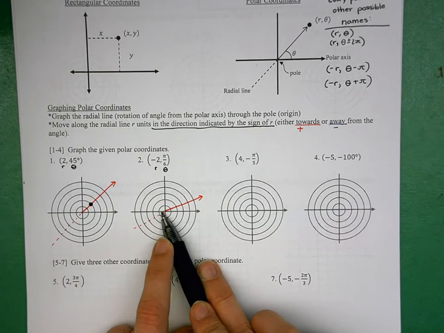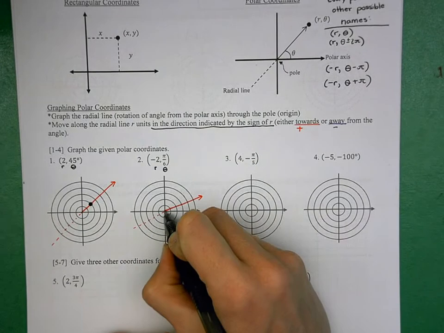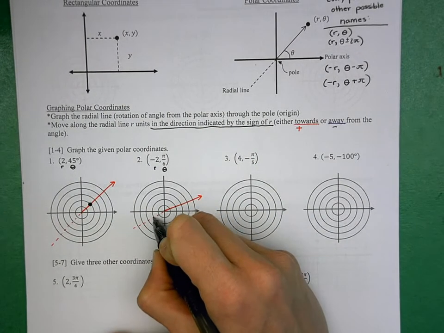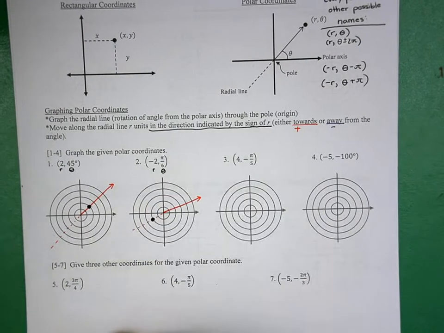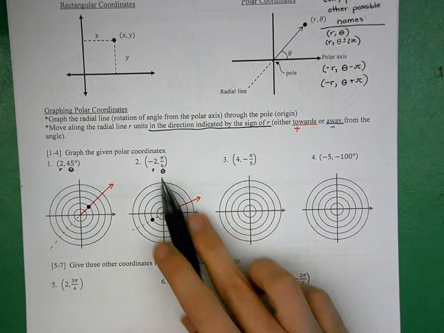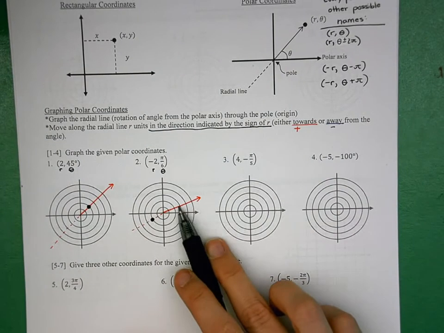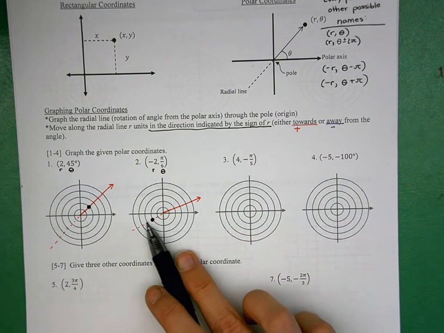The question, how far am I moving? Well, I'm moving 2 in this case. So we're moving 1 away, 2 away. And so that is my point. Sitting on the pi over 6 radial line, but 2 away from my angle as opposed to 2 towards my angle. 2 away from my angle.